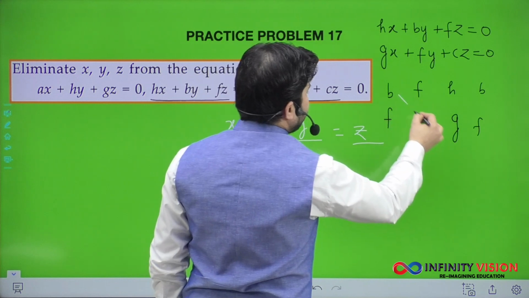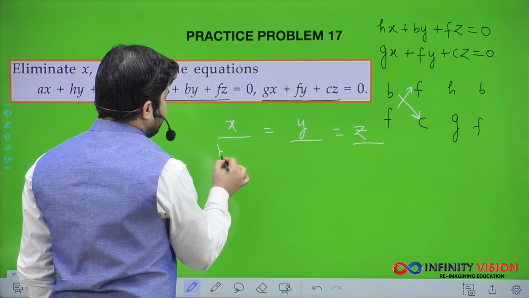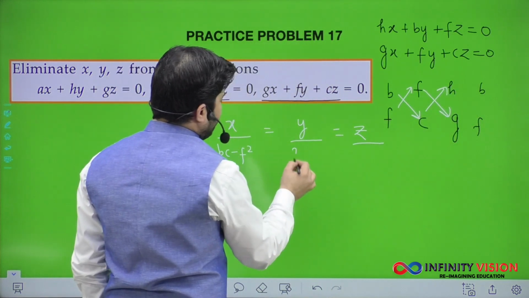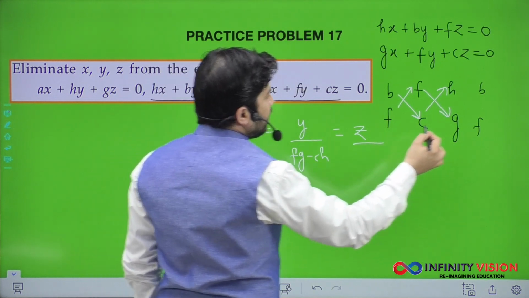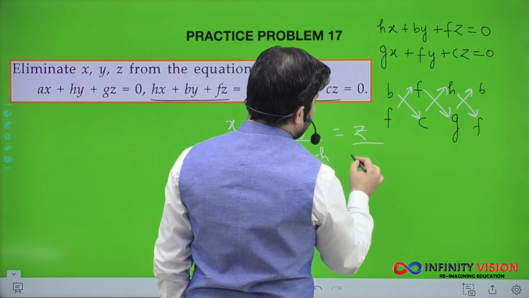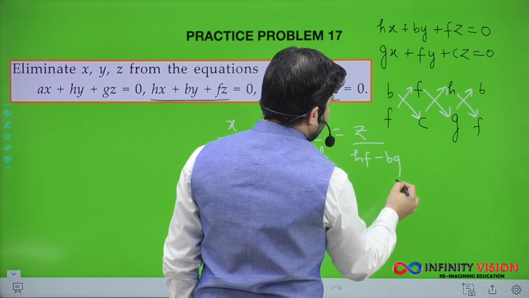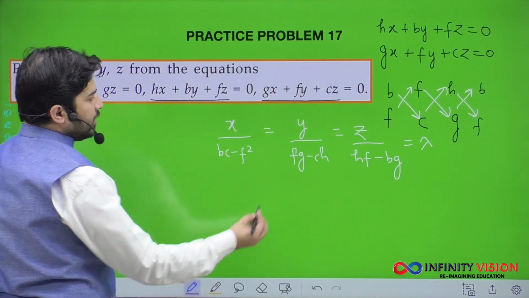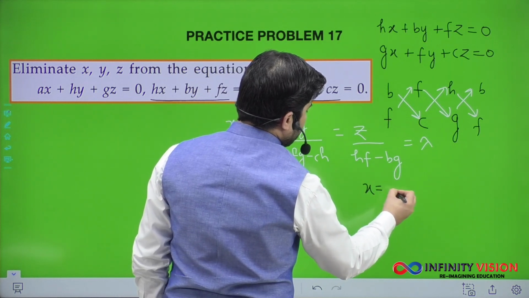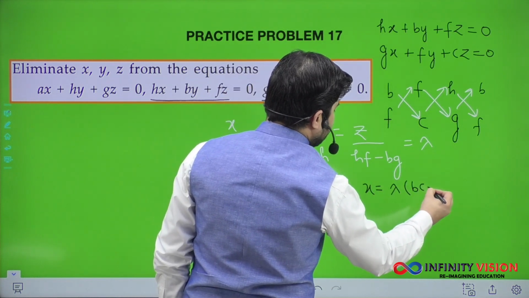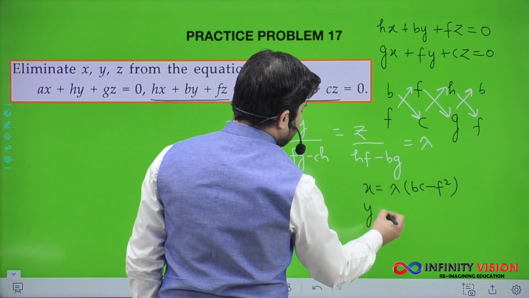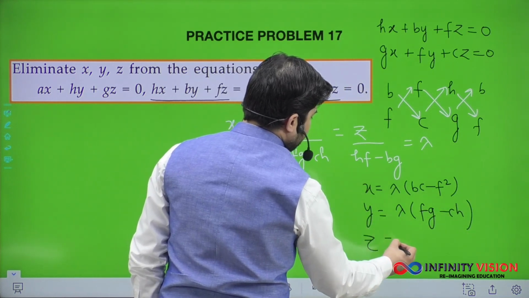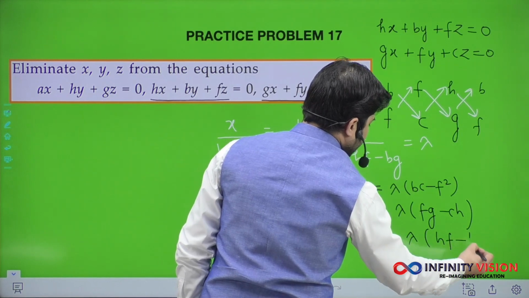Now you know this is going to be bc minus f square, fg minus ch, hf minus bg, and I can say everything is equivalent to lambda. So we can write our x as lambda into bc minus f square, our y as lambda into fg minus ch, and our z as lambda into hf minus bg.